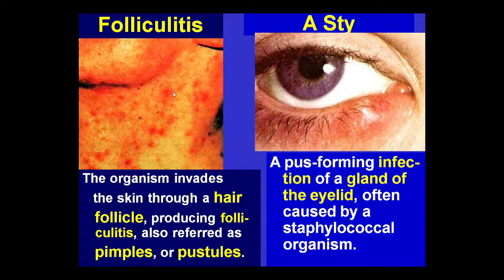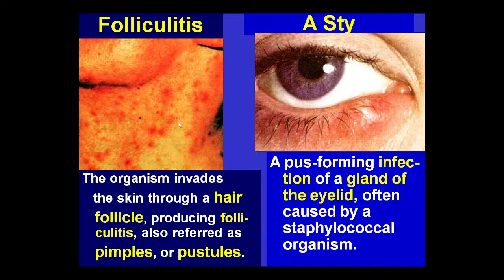So you can see the most common one, folliculitis. That is referred to as pimples or pustules, where the Staphylococcus aureus infects the hair follicles. And that is really common.